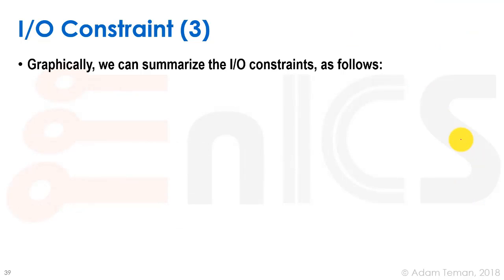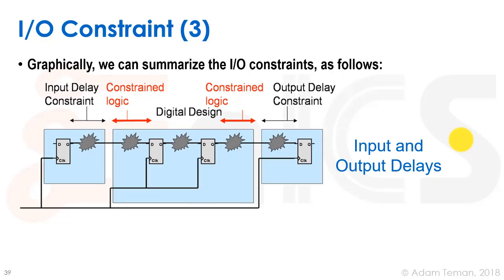Okay, to summarize our constraints, let's look at it again. So this is our design. These reg-to-reg paths are completely enveloped inside our design, but the in-to-reg paths, reg-to-out paths, and the in-to-out paths as well, need to have the part that's missing modeled in order for us to apply our static timing analysis to them.